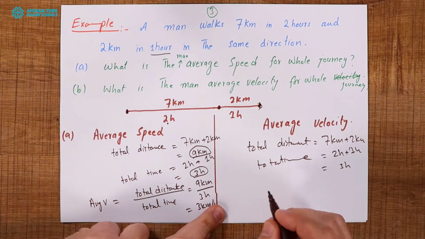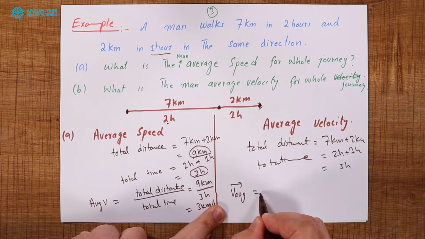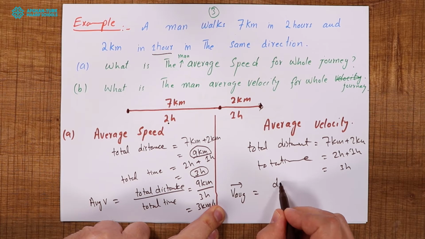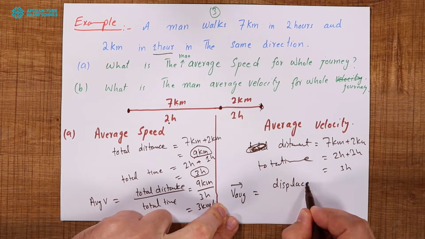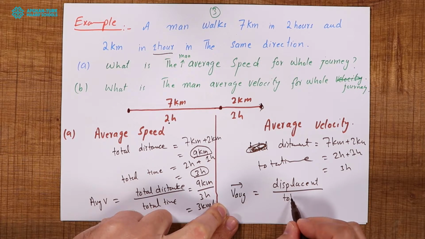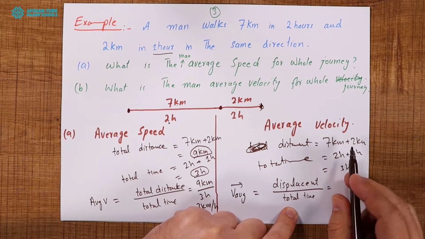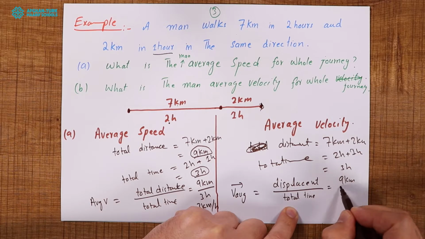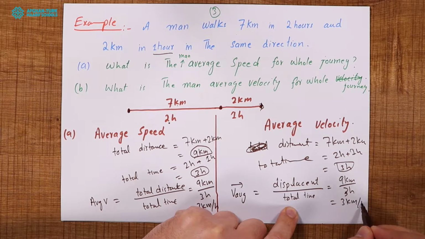So we can use the formula for average velocity. Average velocity is equal to displacement divided by total time. So this is equal to 9 kilometers per 3 hours, which is equal to 3 km per hour.